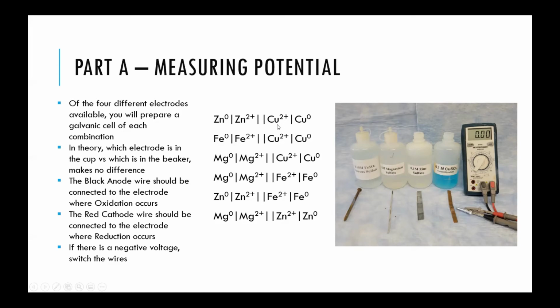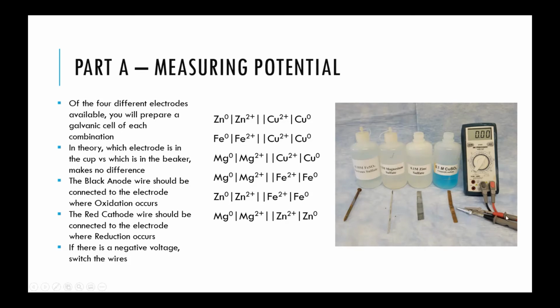So there will be a total of 6 different combinations. And while the directions may say a specific solution or electrode goes in the beaker versus the cup, it really doesn't matter exactly. What matters is how you attach these different leads.